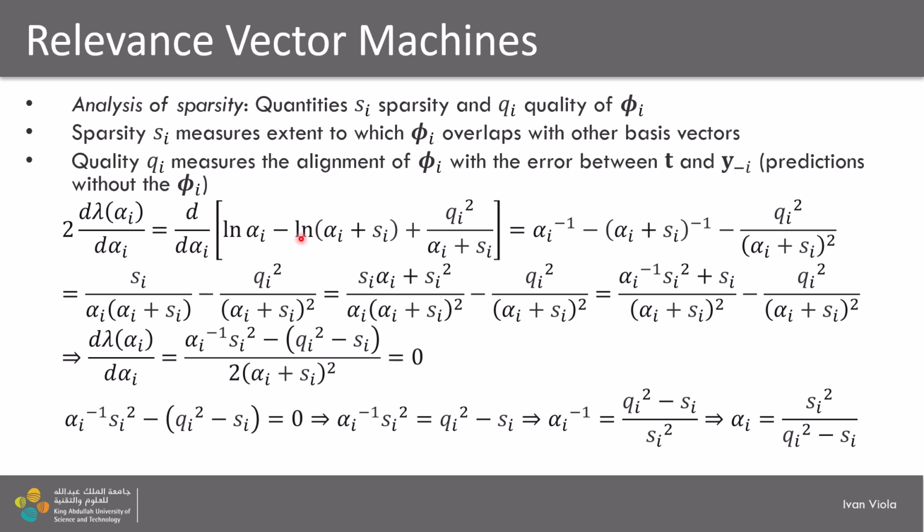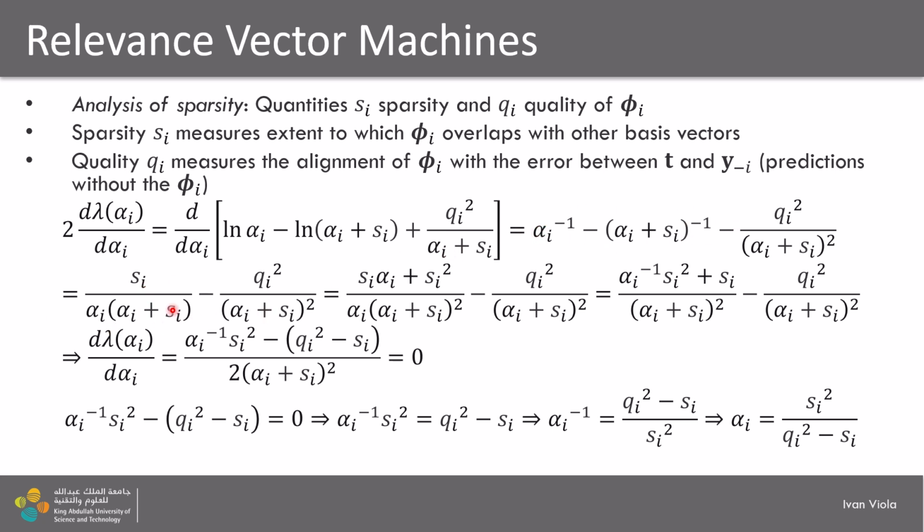We have here the ln alpha_i, and then another logarithm, and then some fraction. So the result of this derivative is these three terms, which we can put together in such a way that we express these two: 1 divided by alpha_i, 1 divided by alpha_i plus s_i. We can express it together, and we will have s_i here. So this is putting these two terms together.